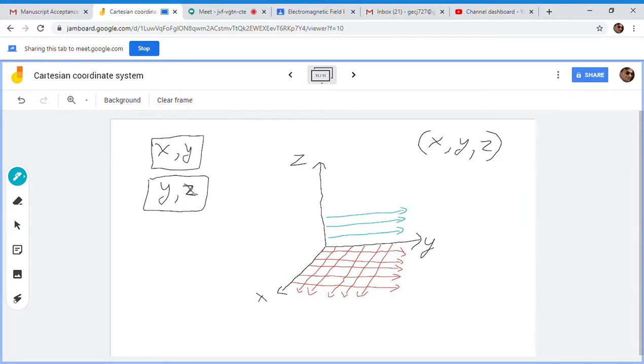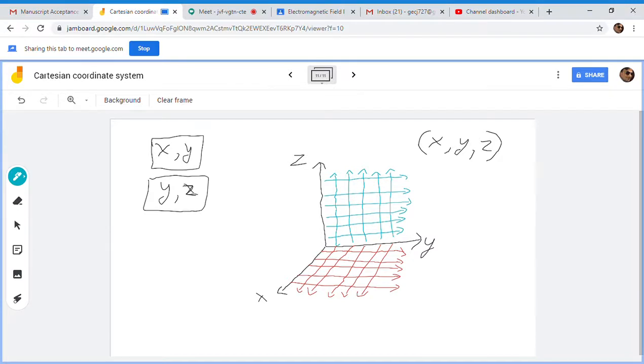Only moving in the Y dimension, then move in the Z dimension. This is the YZ plane, your YZ area, the area made up of Y and Z dimensions.